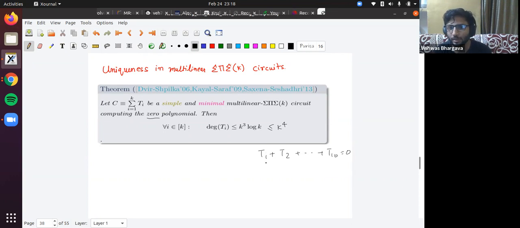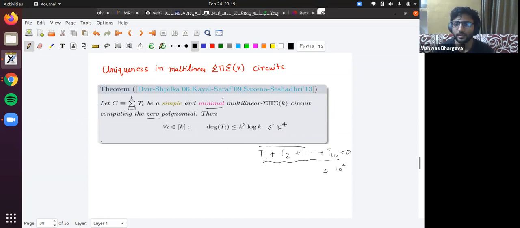I will say it's simple if there is no common GCD among all of them. I call it minimal if nothing smaller goes to zero. Very intuitive, actually doesn't matter too much. And if that's the case, the degree of all these TIs is actually very small. So if k is 10 here, it's less than 10 to the power 4. So that's the rank bounds.